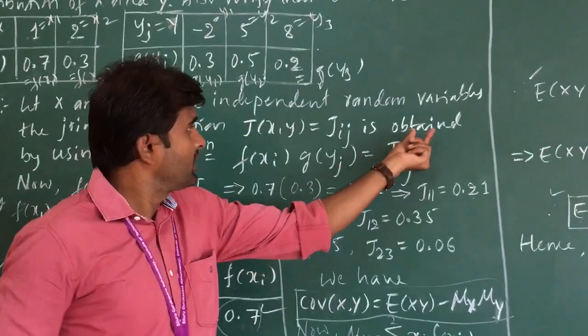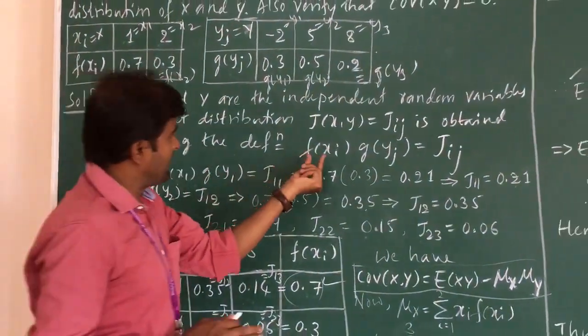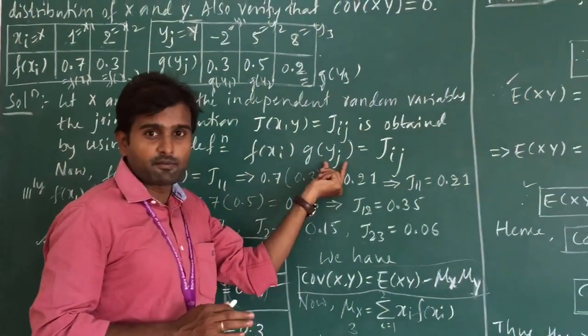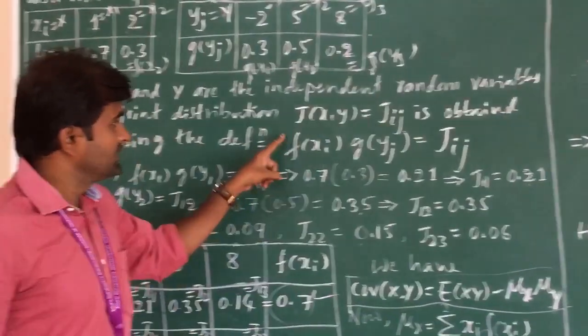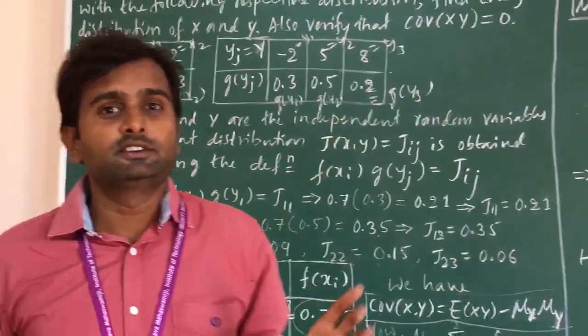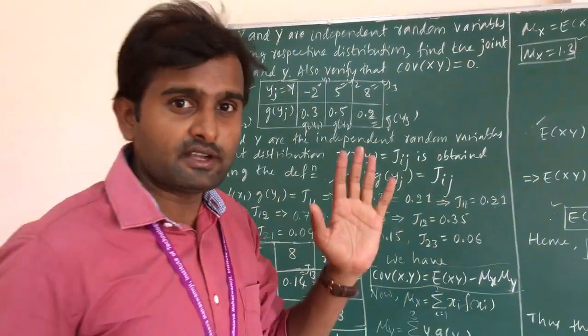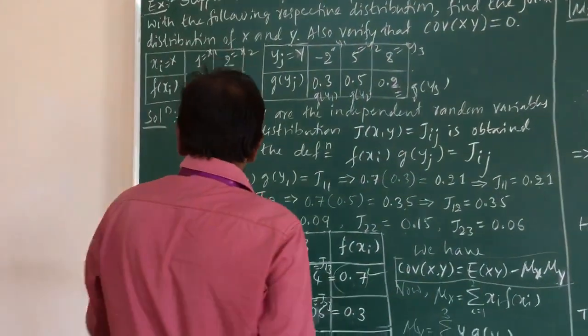Both are the same, obtained by using the definition: f of xi into g of yj equals Jij. Using this expression we need to find the joint distributions, J11, J12, J13 and so on.